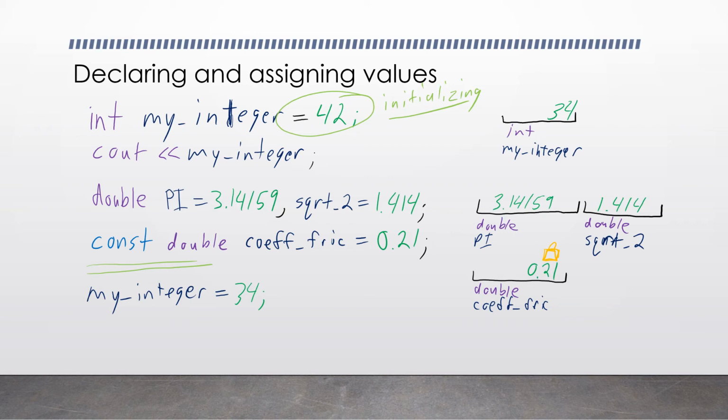You have to be careful that you don't redeclare the variable. You wouldn't come down here and say int my integer equals -21. Okay, this will not work.